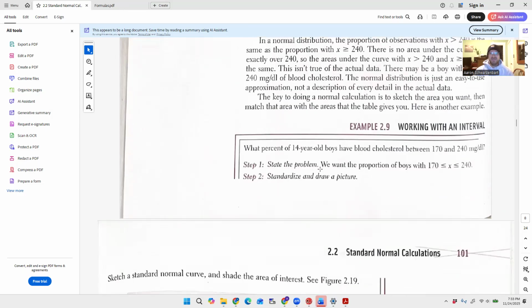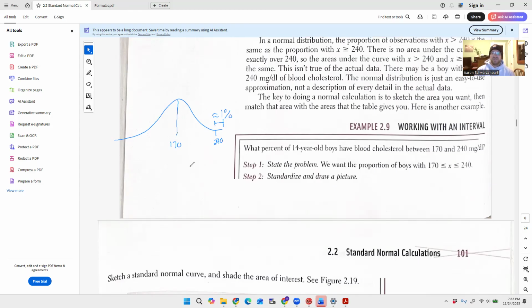Okay, working with an interval. What percent of 14-year-old boys have blood cholesterol between there? Well, 170, this is pretty easy. Because I just did this, 170 was the mean. Out here, I have approximately 1%.